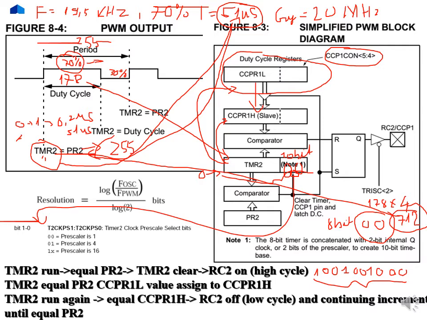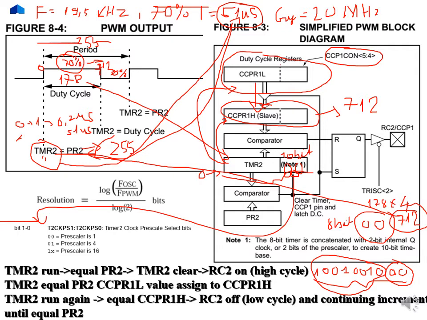So we will give this number to CCPR1L here, and 0 0 will be the number of the prescaler.